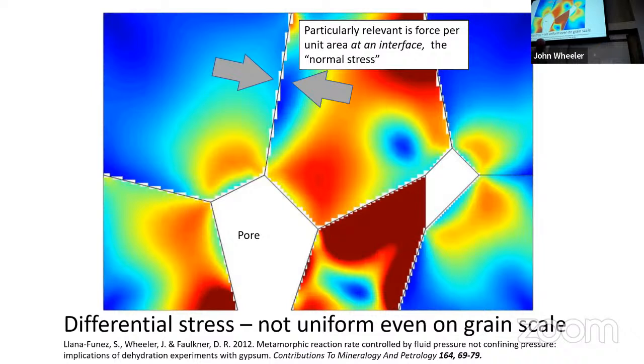That makes life a bit easier, because although it's a nice colored diagram, you can ignore the inside bits of the grain, but you really need to know what the stresses are at the edge. This diagram on the scale of 100 microns will help to underpin theory and experiments, which we can then upscale to 1,000 kilometers. But you cannot short circuit this scale of investigation, and we're not going to.